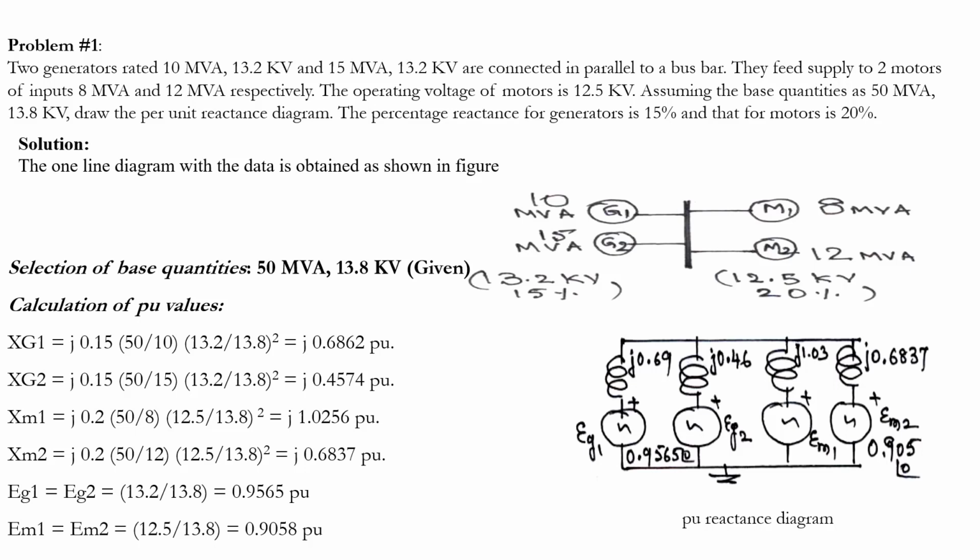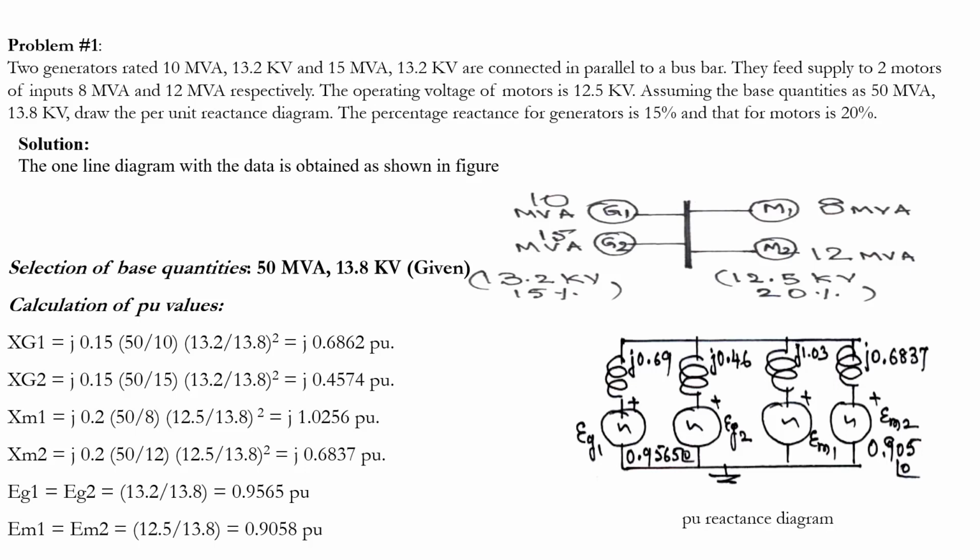The operating voltage of the motor is 12.5 kV. Assuming the base quantities as 50 MVA and the voltage base as 13.8 kV, draw the per unit reactance diagram. The percentage reactance of the generator is 15% and that of the motor is 20%.